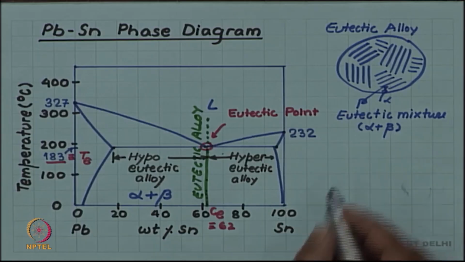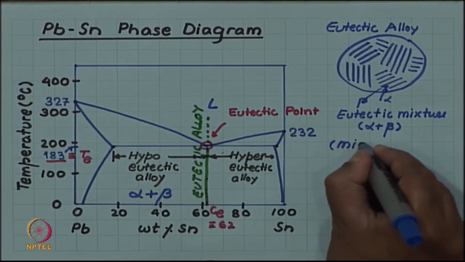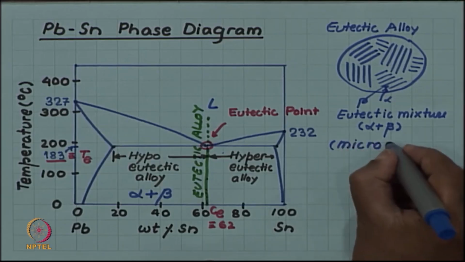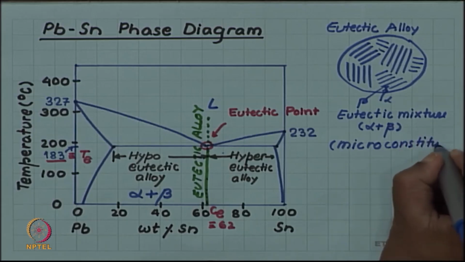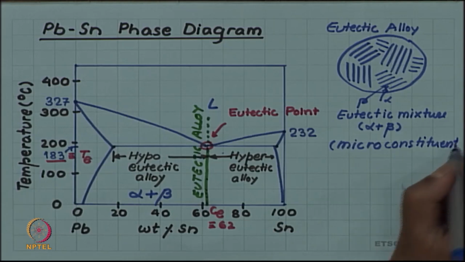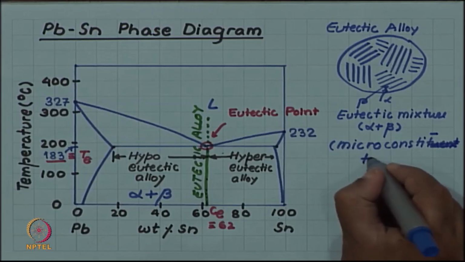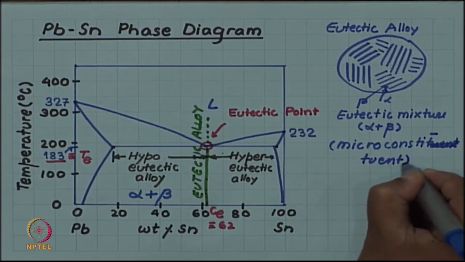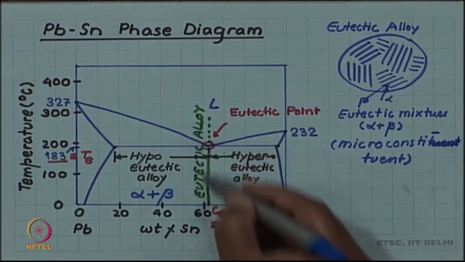So, sometimes it is called a microconstituent. So, this is not a phase, but a microconstituent. So, that was for the eutectic alloy.